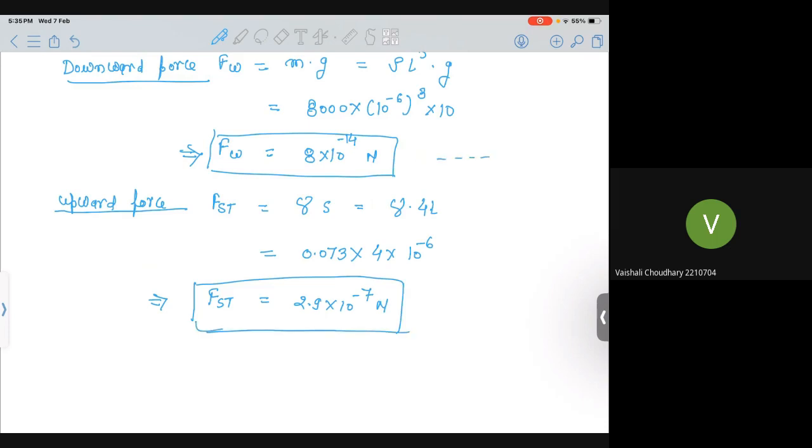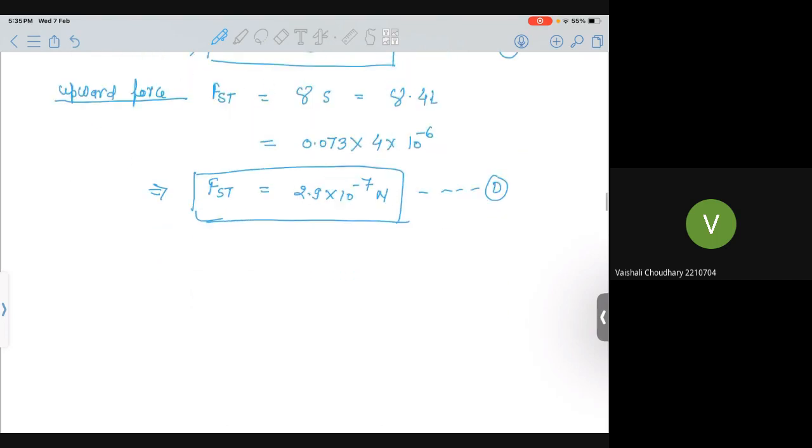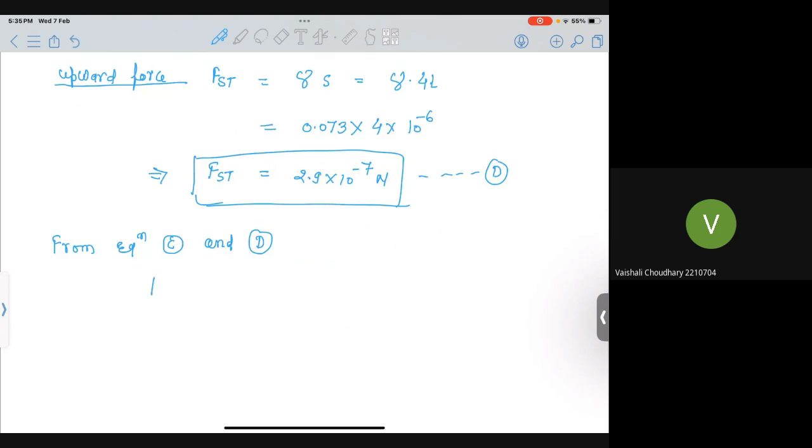We'll give it as equation C and D. So if you compare equation C and D, you can notice the downward force is less than the surface tension force.